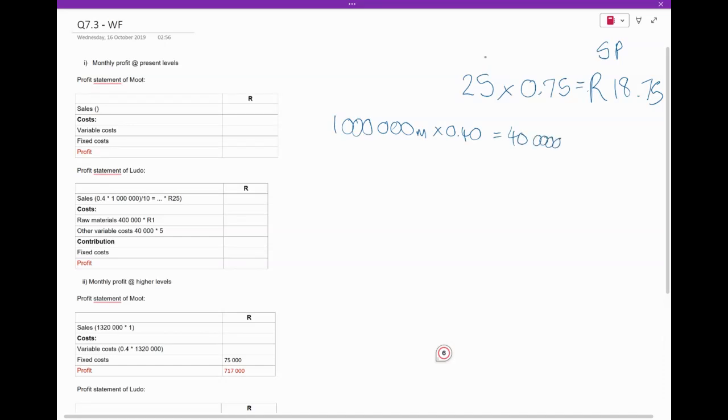But remember, it takes 10 meters to produce 1 unit, isn't it? So this is 400,000 meters, but it's not 400,000 units. So we need to divide by 10 meters to then get a total of 40,000 units.